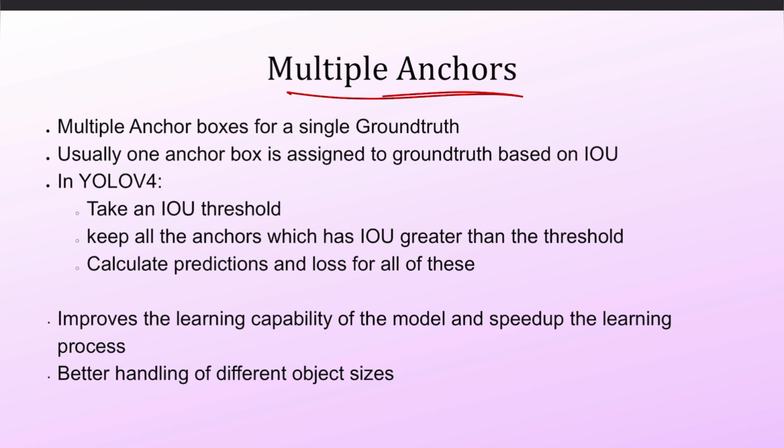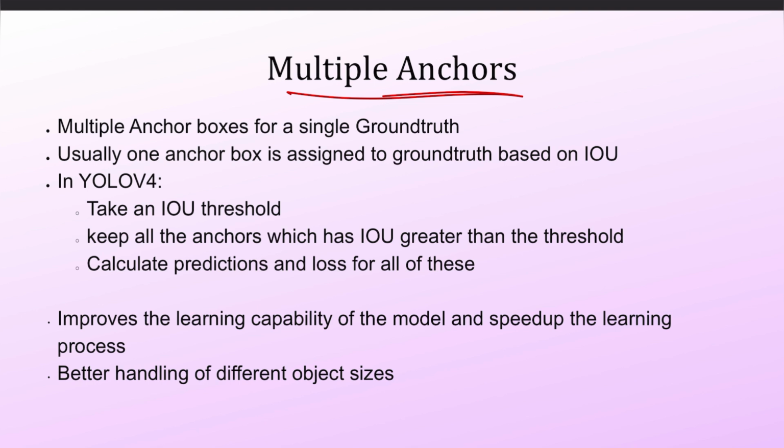But in YOLO-V4, they keep all the anchors which have an IOU greater than a threshold. Instead of taking the highest IOU value, you keep a threshold, maybe 0.7 or something like that. Whatever boxes have IOU greater than 0.7, they will keep all of them and perform the loss calculation for all of them.